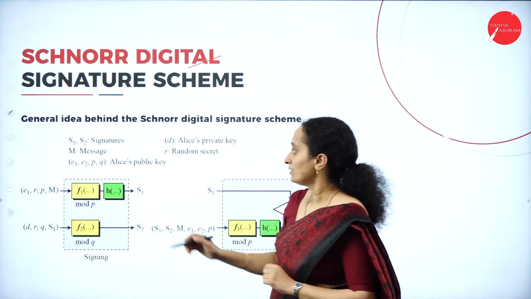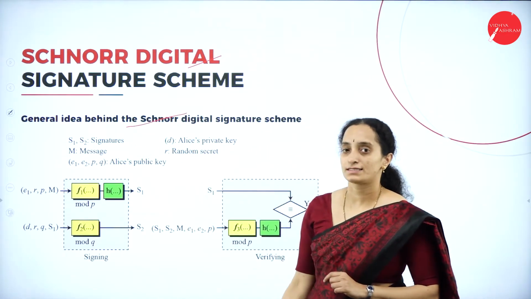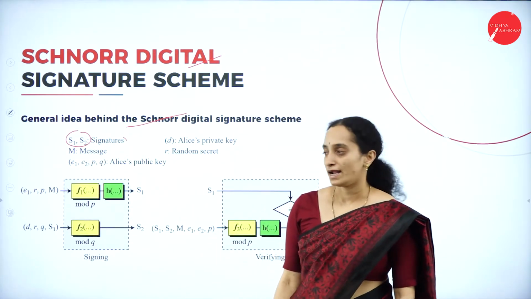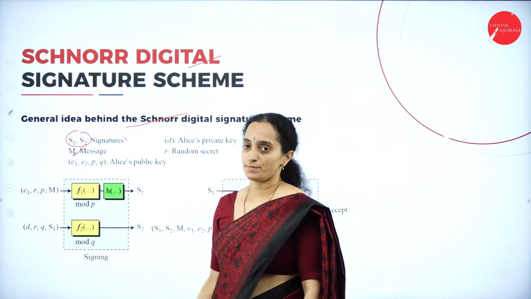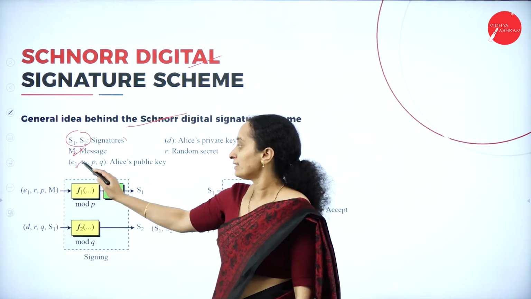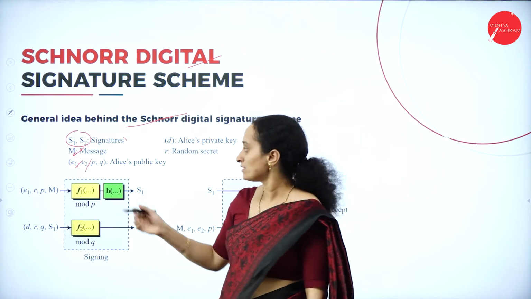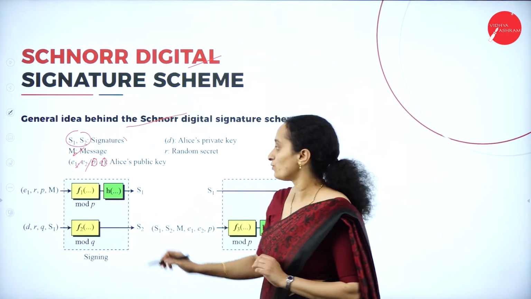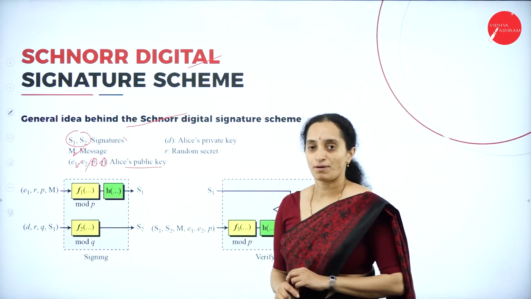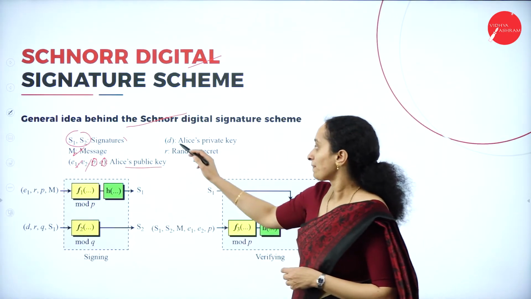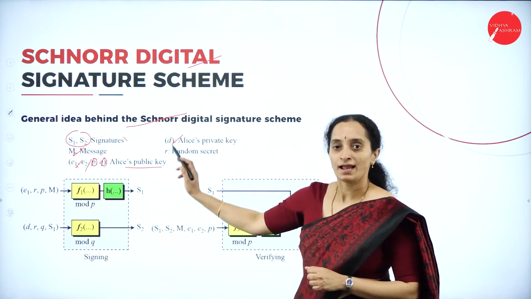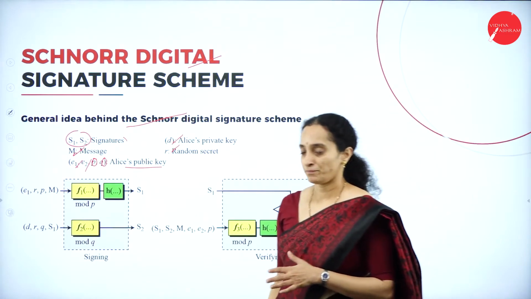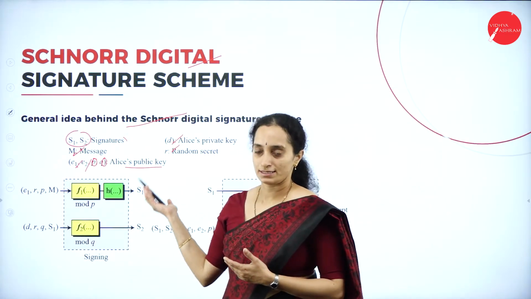The Schnorr Digital Signature scheme again uses two signatures, S1 and S2, and a message M. Along with that, we have two empirical values and two sets of primes, prime P and prime Q, with Alice's public key, and we use D as the private key and R is the random number we use in the signature scheme.